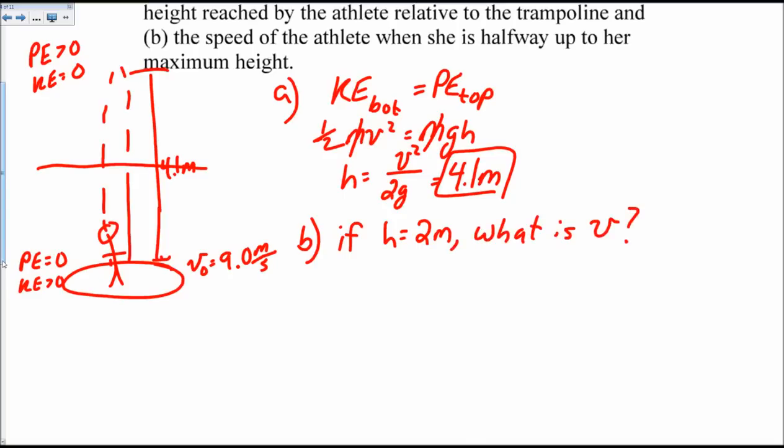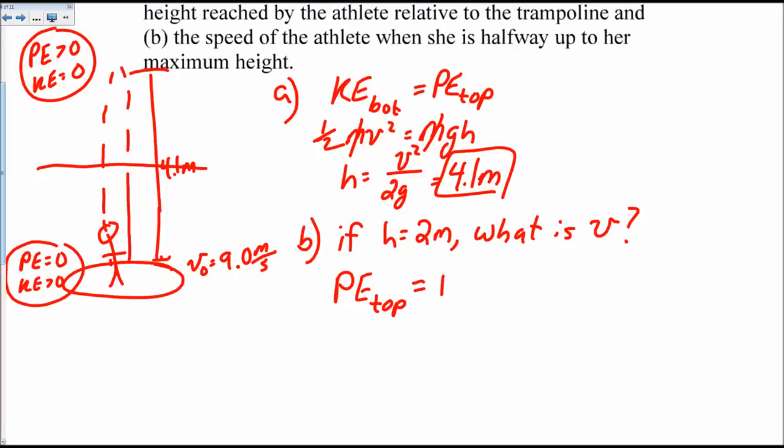All right, so now I'm going to have the total energy. You can use the total energy at the bottom or at the top. The total energy is always the same. Let's take the potential energy at the top, which is a measure of the total energy, equal to her energy halfway.